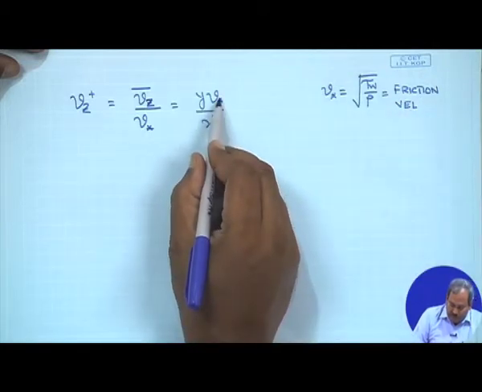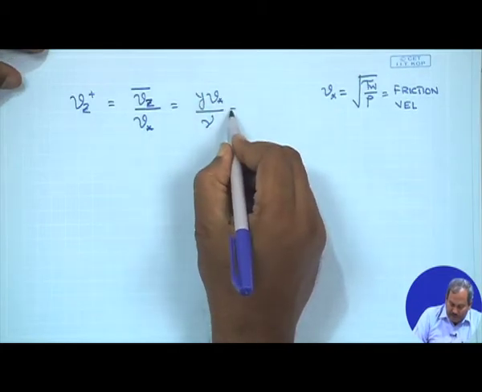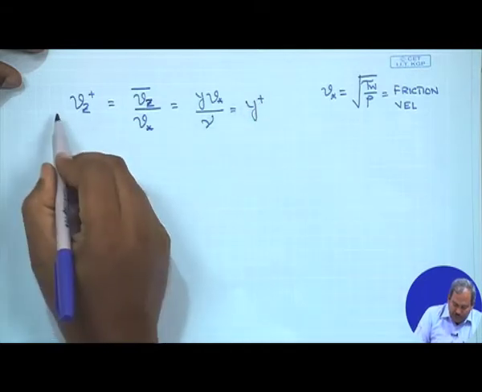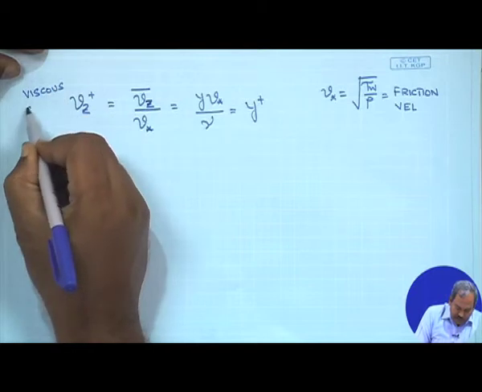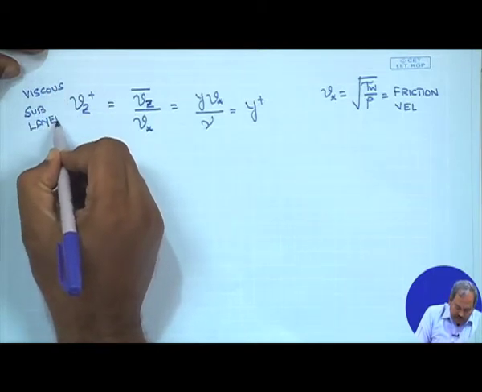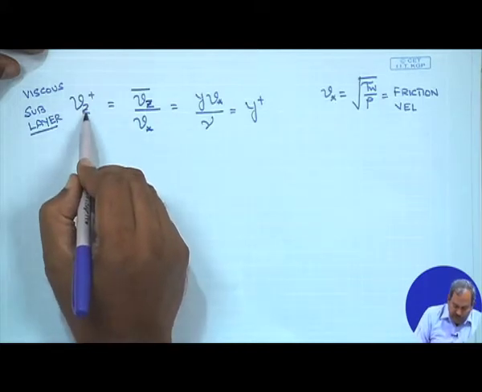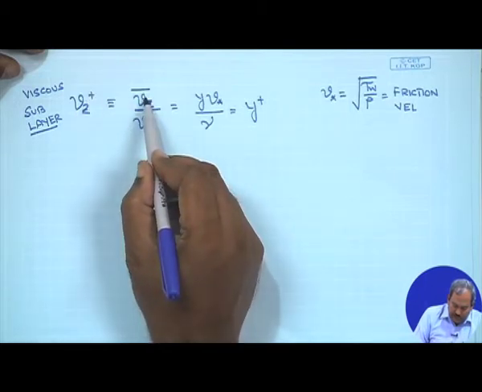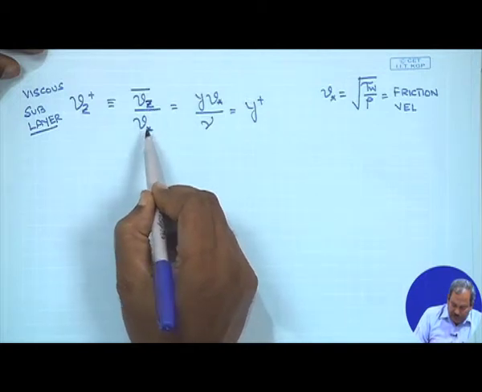And y v star by nu, again, is the non-dimensional distance from the wall. So, it is denoted by y plus. So, for the viscous sublayer, where the viscous forces are important, the velocity profile would simply be equal to V z plus, which is by definition the time-smoothed axial velocity divided by friction velocity.